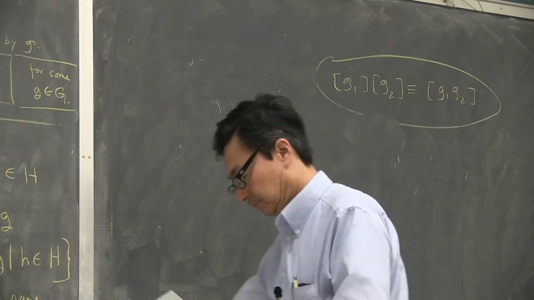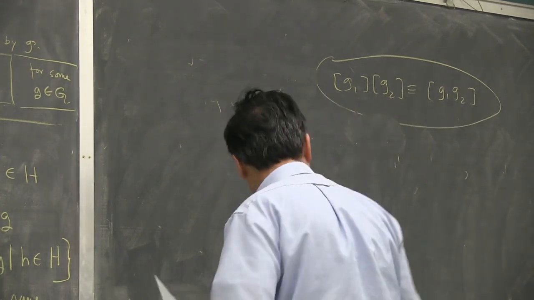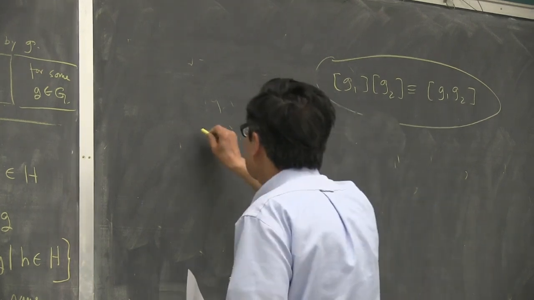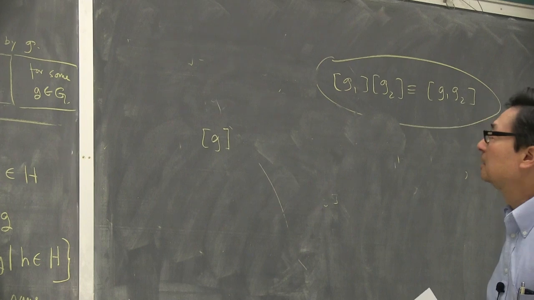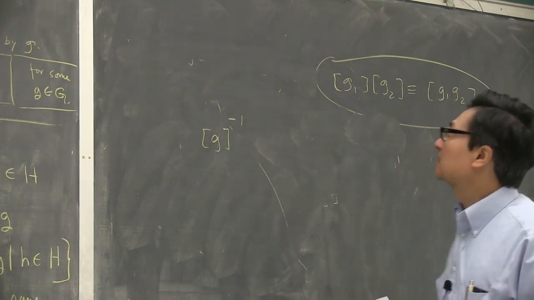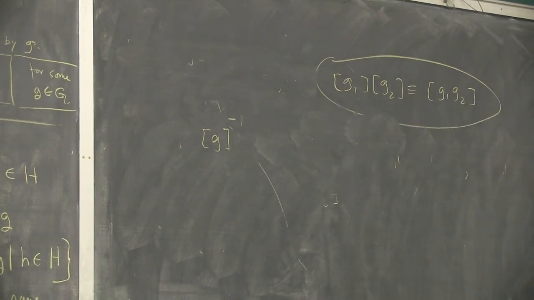I'm going to make the claim that, let's say we are given this particular coset, and I want to find what, as a group element, the inverse of that is.